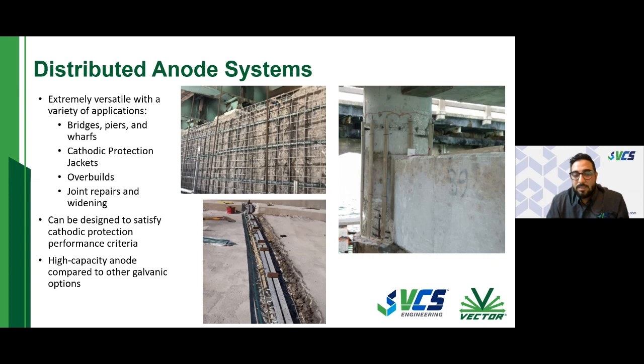Out here in the US, we use the AMPP standard, which designates specific criteria that need to be met in order to achieve cathodic protection criteria. For our international audience, they may use the ISO standard. And so, these anodes are able to achieve that, and they're a little different than other forms of galvanic anodes.